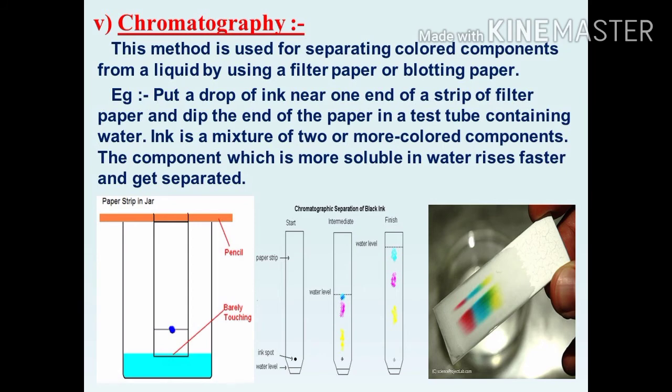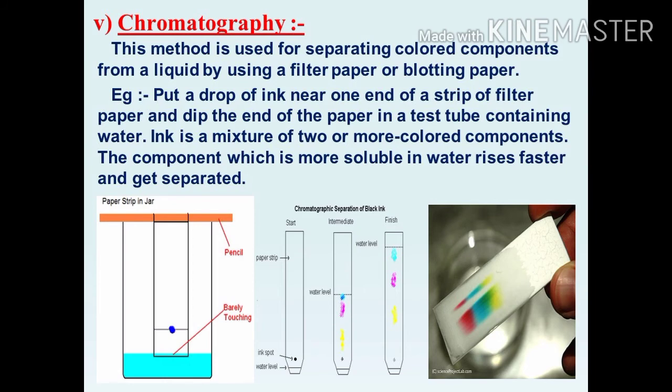Here I told you we should keep some ink drop on this filter paper. Ink is a mixture of two or more colored components. So when the water rises on the paper, automatically this ink also moves along with this water.